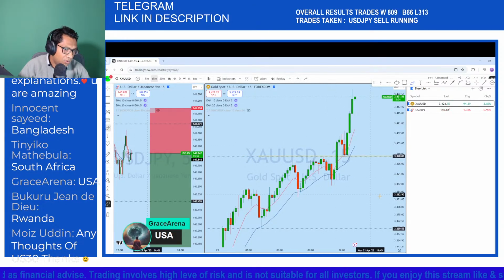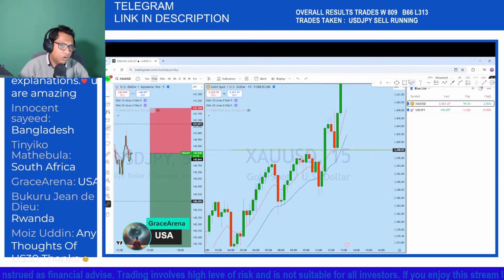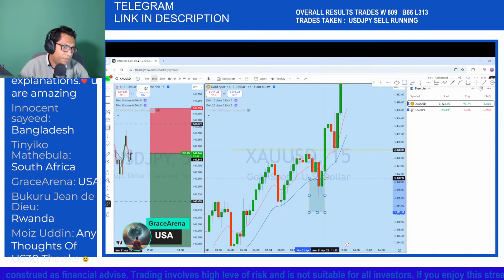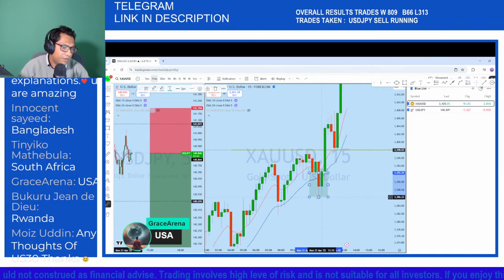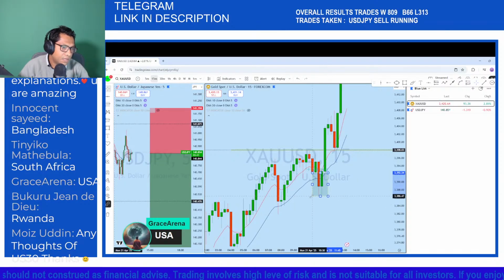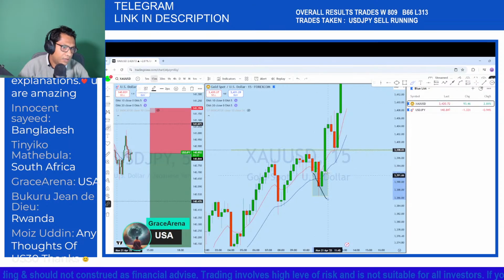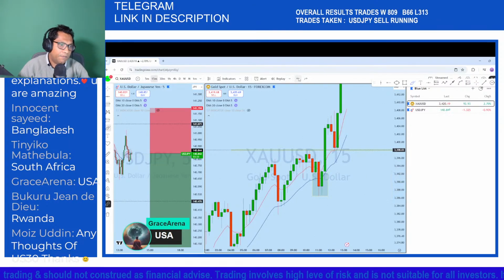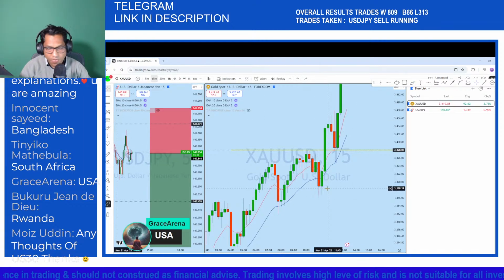Now this breakdown is where the opportunity is, because when the market has broken down from that level, this is a significant level of triangle here, and this is where the liquidity grab happened.